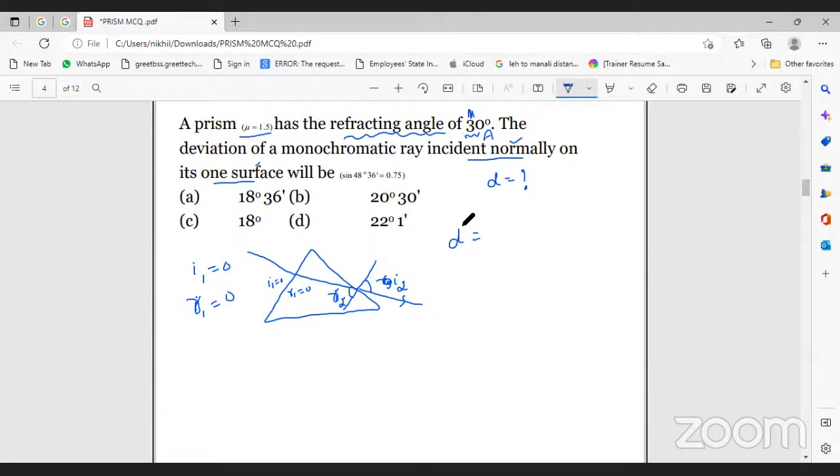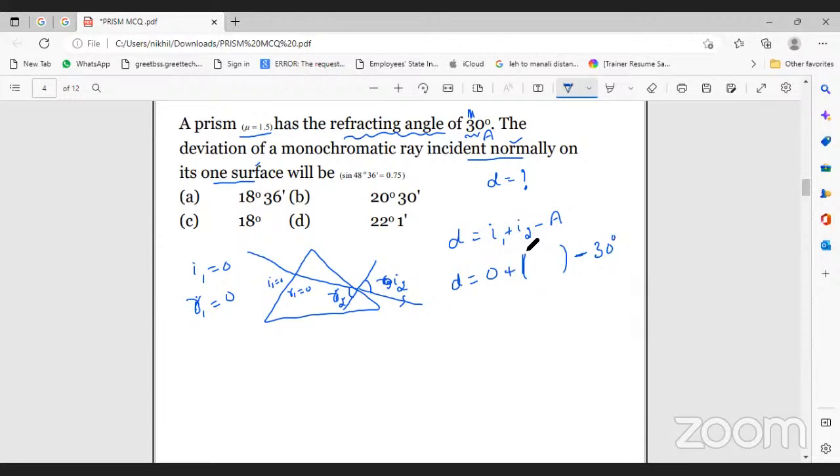Deviation is I1 plus I2 minus (R1 plus R2), and R1 plus R2 is A. So please remember, deviation D equals I1 plus I2 minus A. I1 is 0, we don't know what I2 is, and A is the refracting angle, 30 degrees.